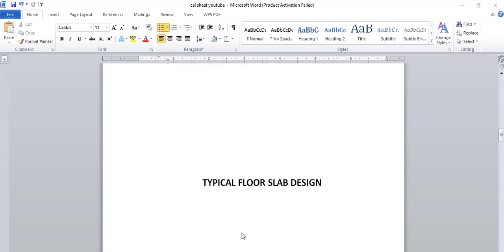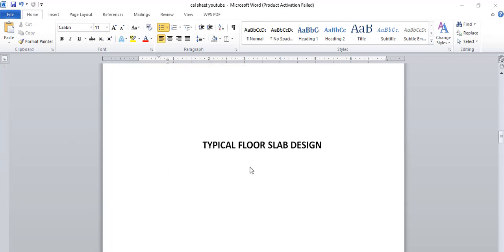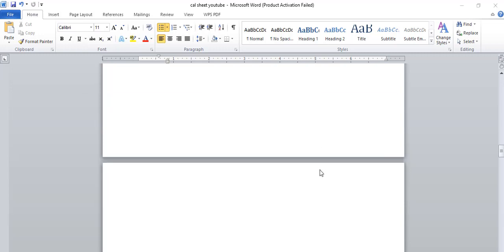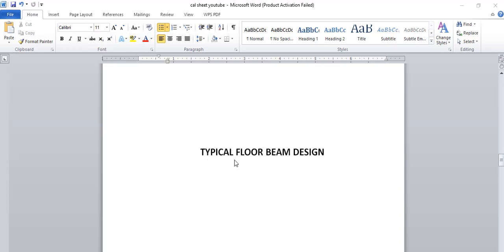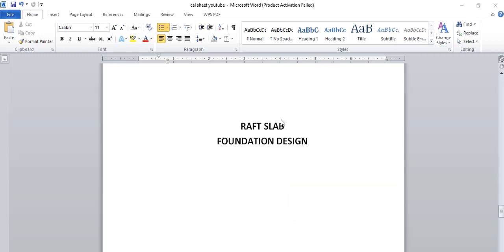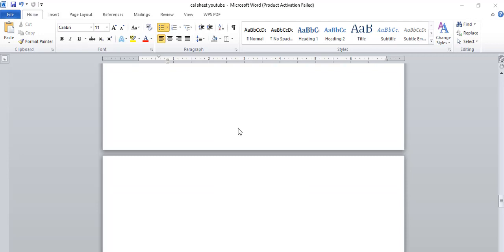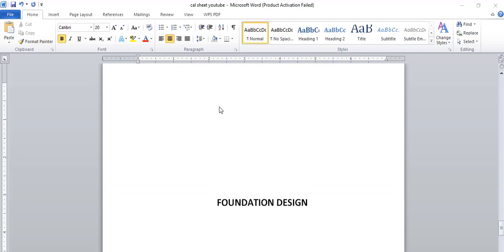So the next is the typical floor slab design. The next one is typical floor beam design. At most times you can say first floor, second floor, third floor. It all depends. But this column design, you have your roof, so the last is your foundation design.